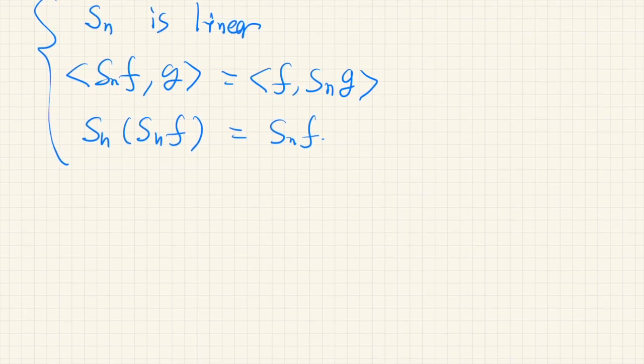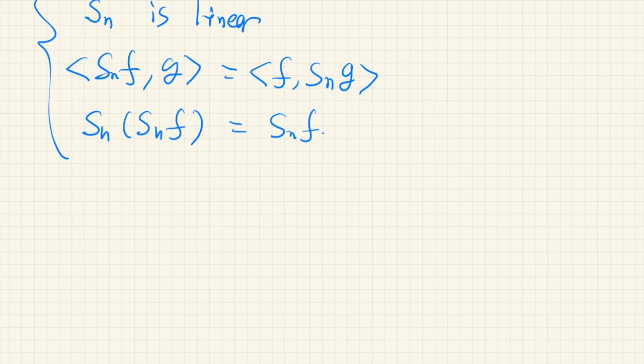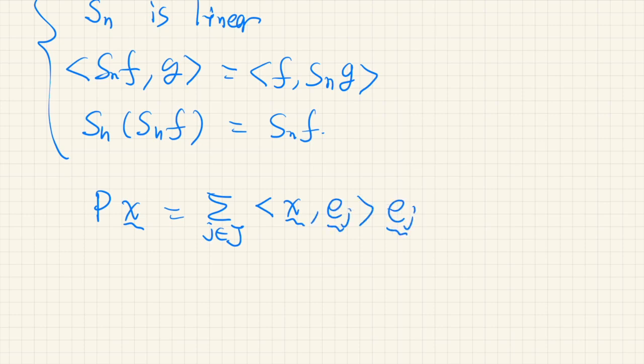And now recall the projection operator we have studied for the n-dimensional real vector space. So the projection operator P applied to some vector x is defined as something like this. Let's say capital J is some subset of integers, and then we take the inner product of x with Ej times Ej.